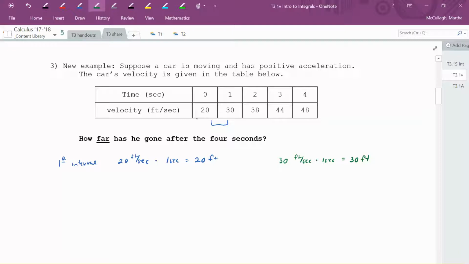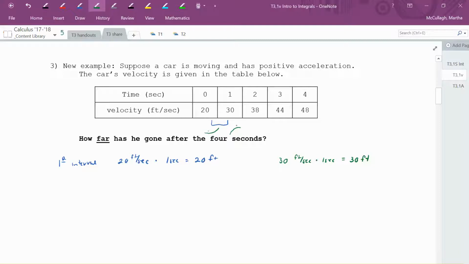Well, we don't know whether it was a constant acceleration. We can't say that it was 20 feet per second at the beginning of the interval, and then it increased consistently up to that 30 feet per second, or whether it stayed at 20 feet per second and then just before it hit the 1 second mark, bam, it went up to 30 feet per second, or went up very, very gradually, or whether it went up pretty fast.